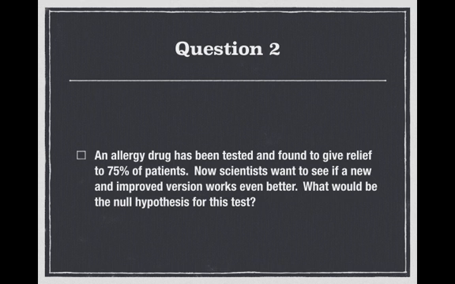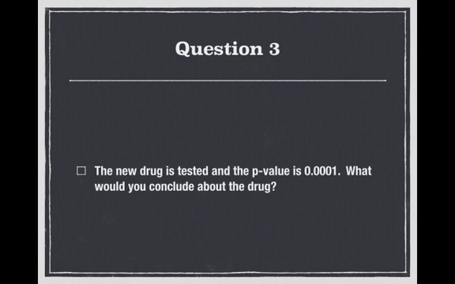Now, kind of going along with this one, question 3. The new drug is actually tested and the p-value is 0.0001. What would you conclude about this drug? Well, a p-value of 0.0001 is very small.